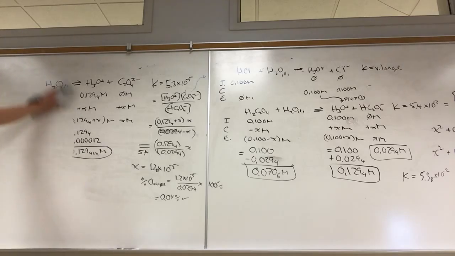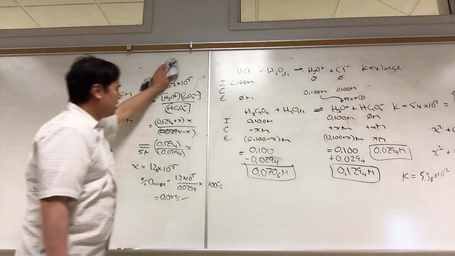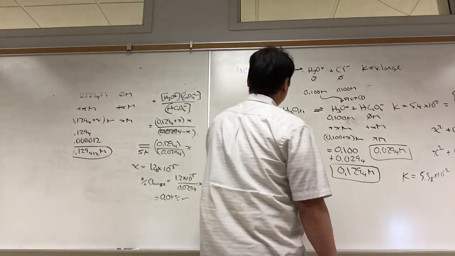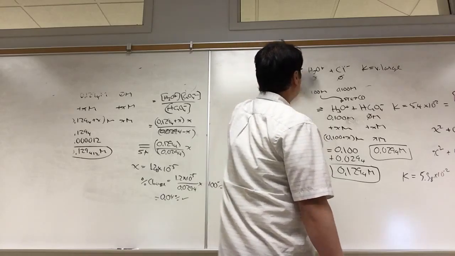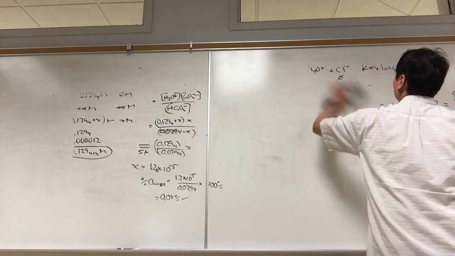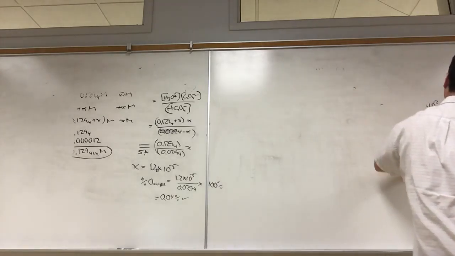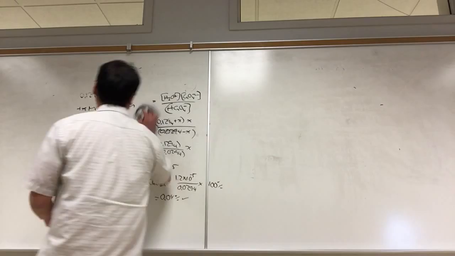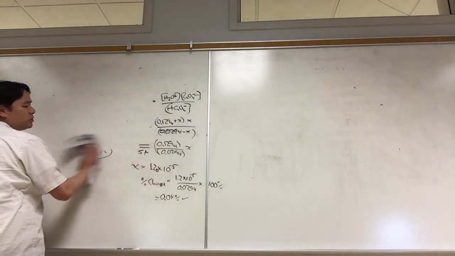All right, so that was the strong acid, weak acid. So if I had a scenario like HCl and acetic acid, then the acetic acid is really a negligible contributor.